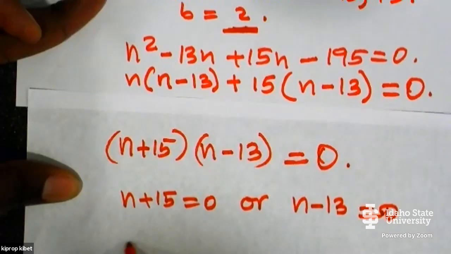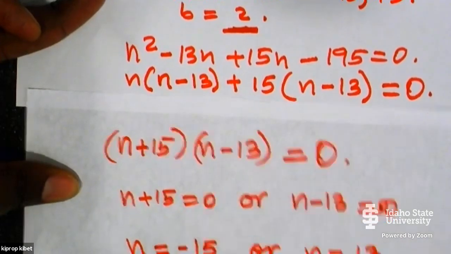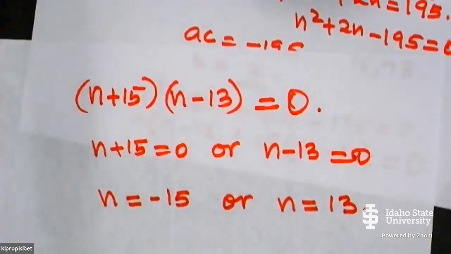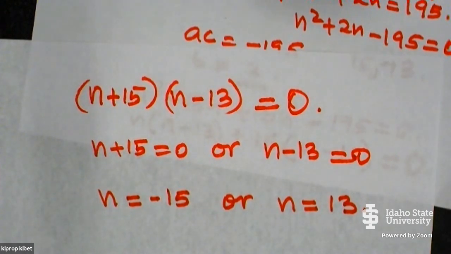So we have n equals to minus 15, or n equals to what? 13. So are those the two consecutive numbers? Are you sure? So one of them is minus 15, and the other one is 13.